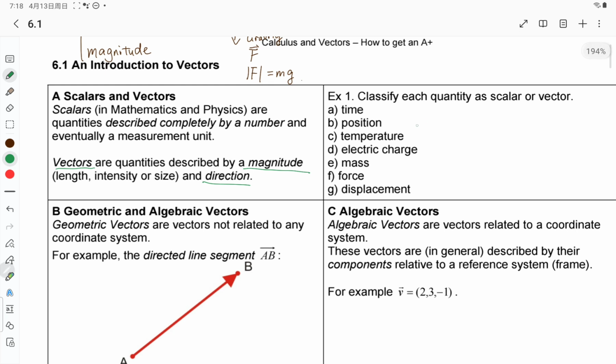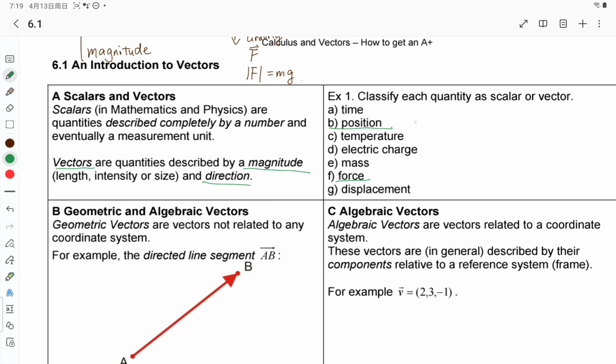Here are some of the examples where we're probably going to use vectors. One of them is force, and position, the position vector, can also happen.